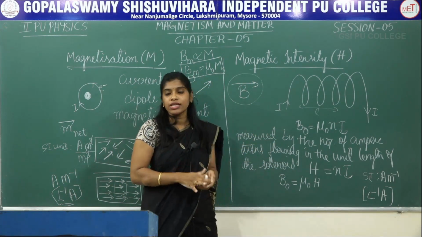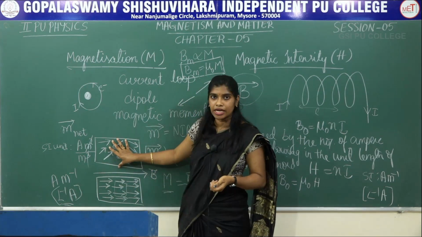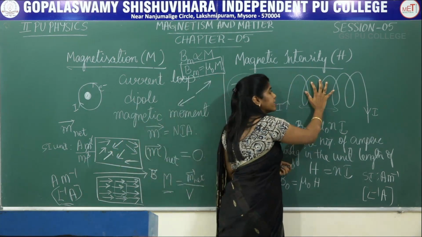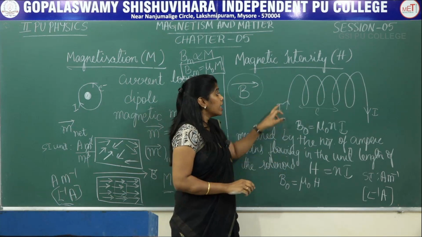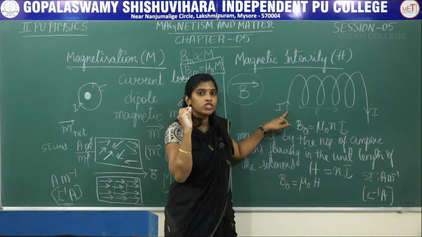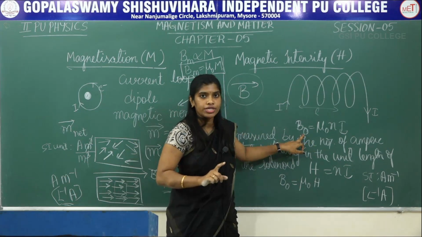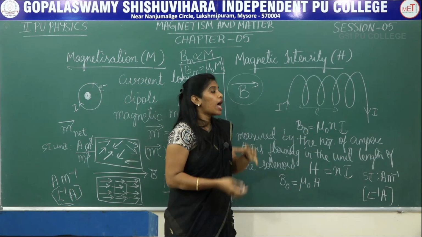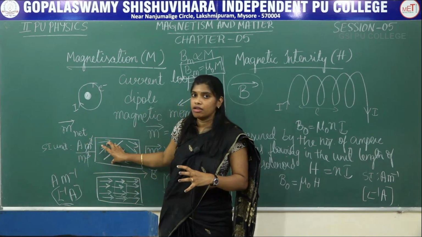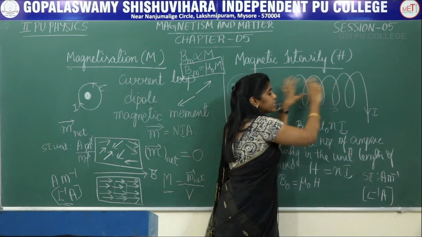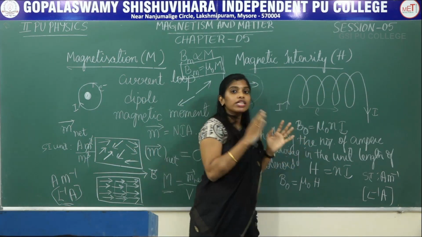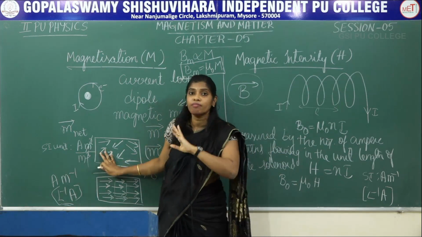Now what I do is, I am going to take up this material and place it inside this solenoid. So the current which is flowing in the solenoid has created a magnetic field, that is B naught. Next what I do is, I am going to place a material inside this solenoid. So before this material was not magnetized.